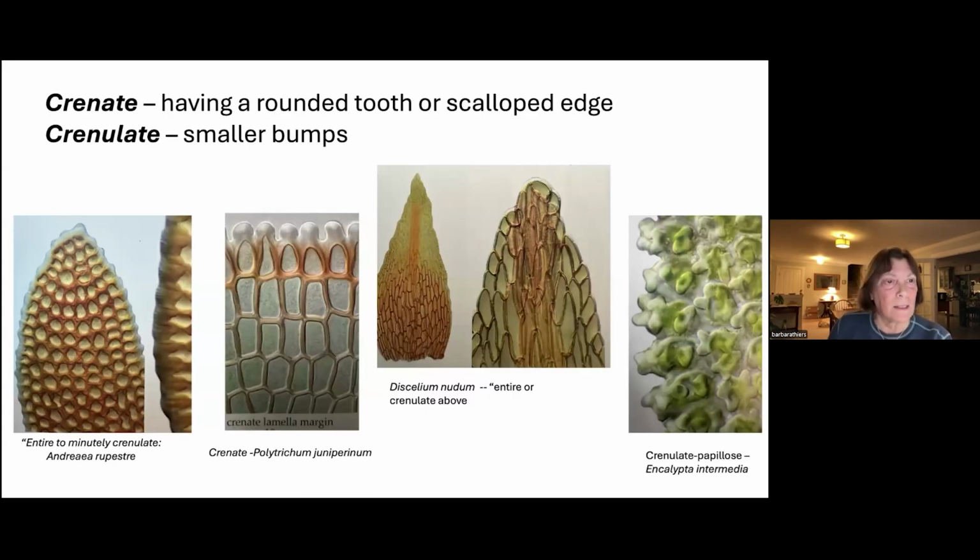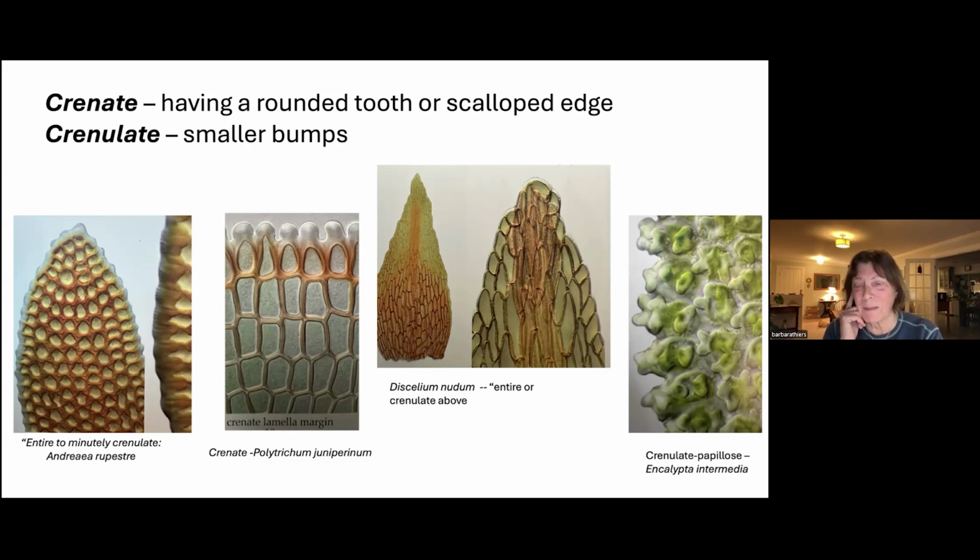And then crenulate. So here we have, instead of pointy things, rounded things. And in many liverworts, it's really nothing more than a marginal cell that's quite round and sticks up. But in some mosses, for example in Polytrichum juniperinum, there's really a rounded kind of knob on the edge, which is a good example of a crenation.